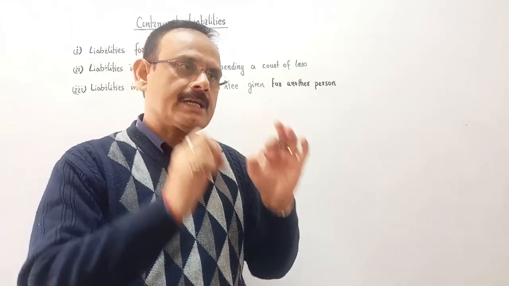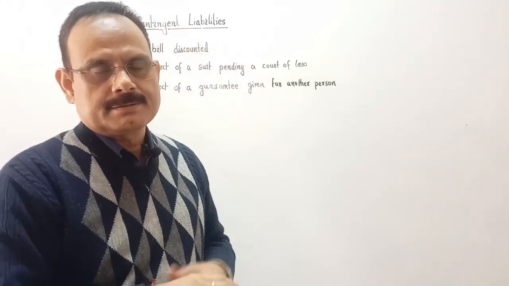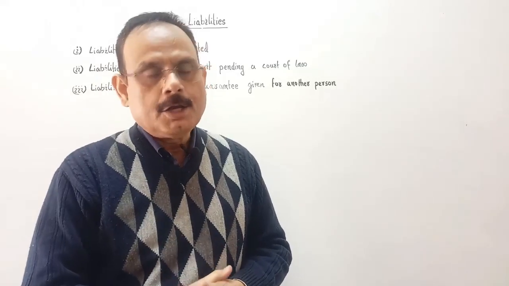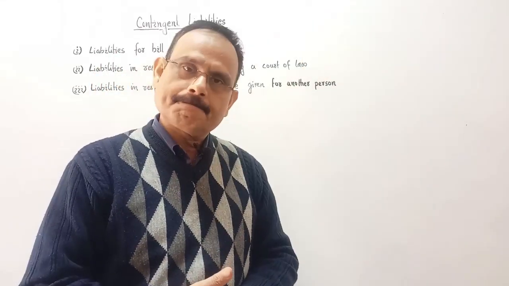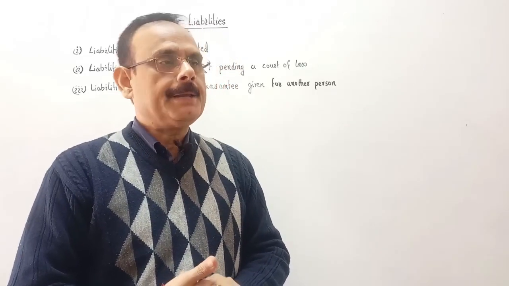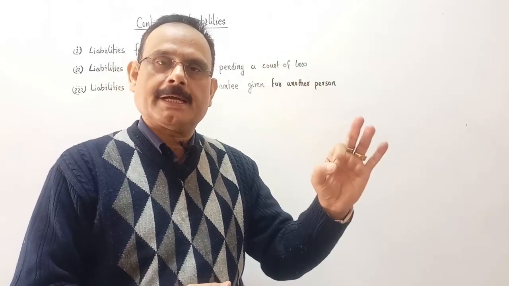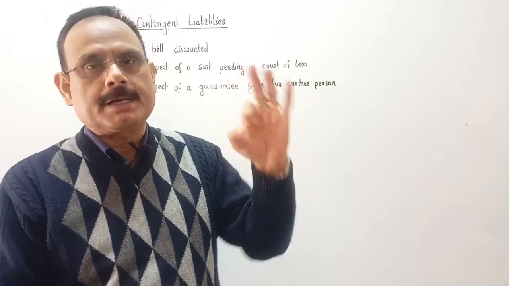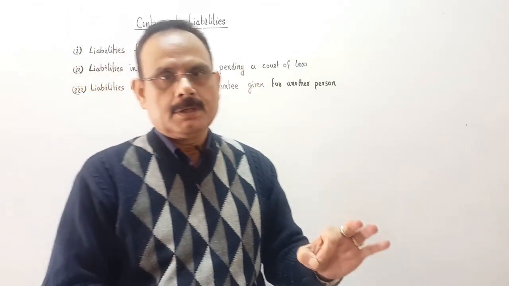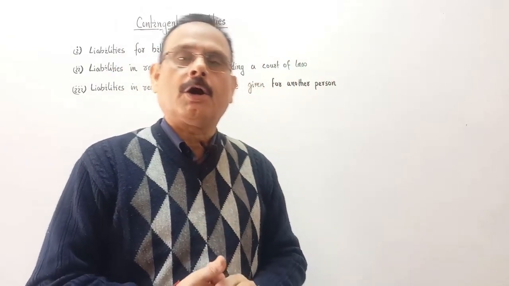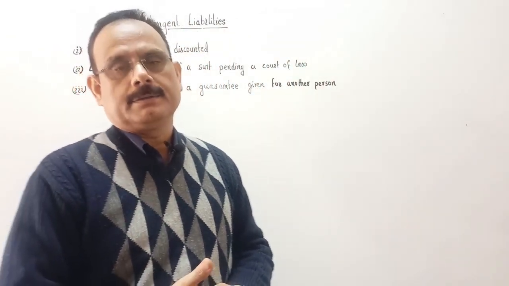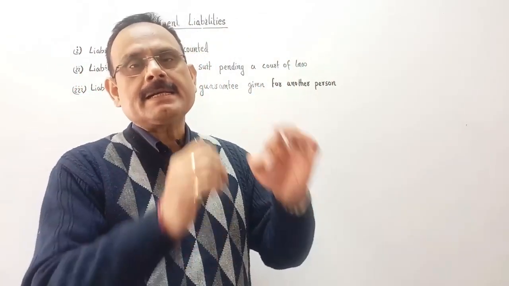So if any such bill which is discounted with the bank or any bill which is endorsed to a third party, if the drawee fails to pay the amount, then the drawer becomes responsible or liable to pay the amount to the bank or the endorsee. So it's a contingent liability.